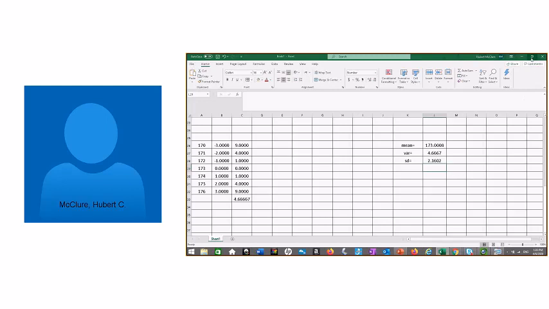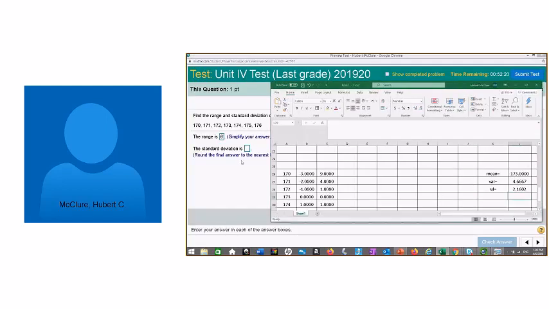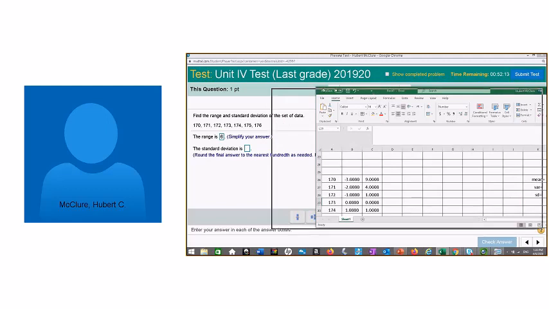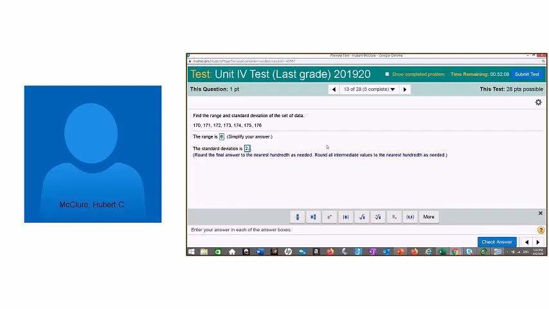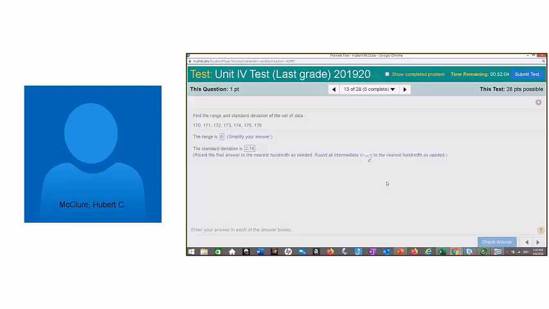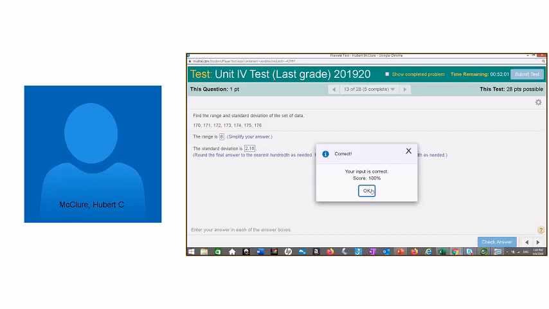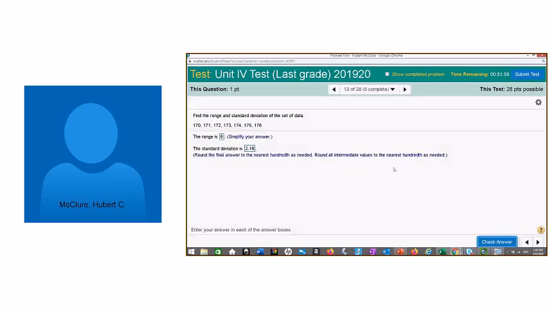So the standard deviation says round to the nearest hundredth, 2.16. Now that's a good example of not doing everything, just going right to the point. Now if you had your calculator, you could just find that would be the sigma x. Okay, next.